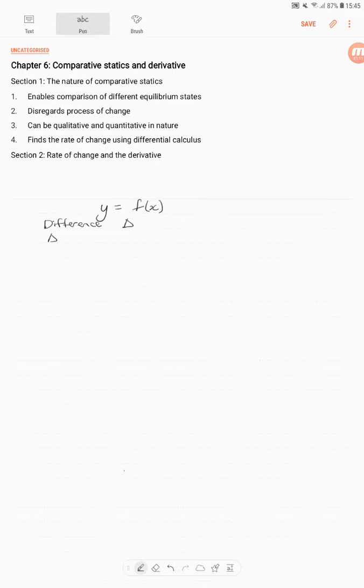That means delta x is a new value of x minus the old value of x. So x1 is a new value, and x0 is the old or original value. So if we have a new equilibrium, it means it was the old equilibrium plus a change in x.